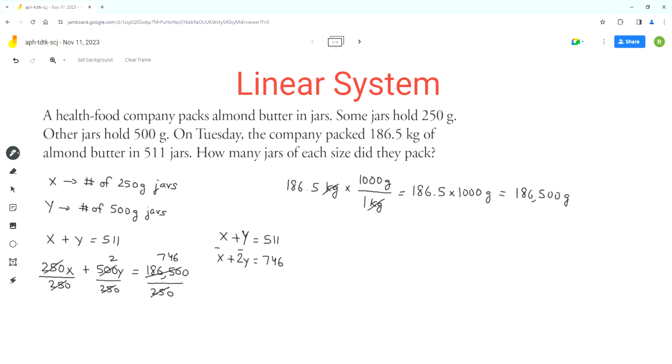By subtracting these equations, the x terms go away, and now we can subtract the y terms. So y minus 2y is equal to negative 1y equals, now we have to do 511 minus 746, which is equal to negative 235.